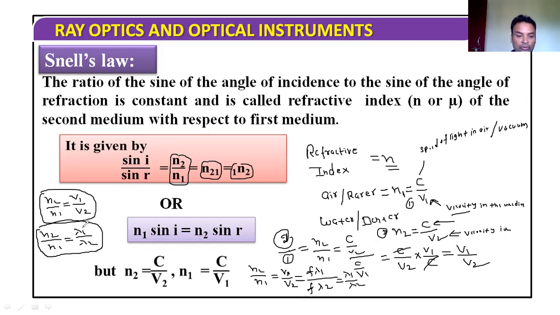So we can use any of the formulas. इसको हम ऐसे भी लिख सकते हैं, n21 is equal to v1 upon v2. Similarly, n21 is equal to lambda 1 upon lambda 2.